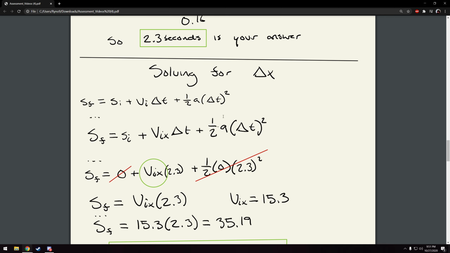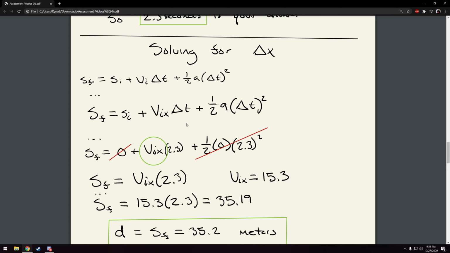Now that we know our delta time, we can solve for x. The way we solve for x is we use the same equation again, this time solving for the x component. So this time we're using v initial x and the acceleration in the x direction, which, I mean, there is no acceleration in the x direction, so that's going to be 0. Our position initial is going to be 0 because our reference point, we're starting from where the ball was thrown.